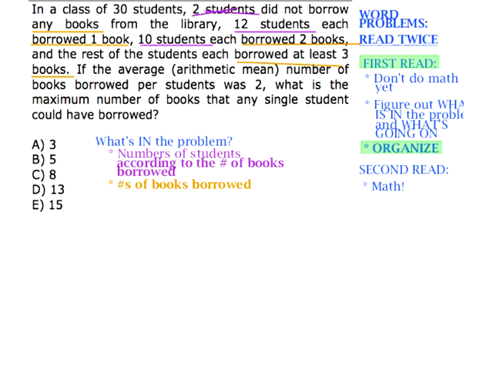So then we don't need the world's most elaborate chart for this kind of thing. We can just make a frequency distribution. So let's do it. Frequency distribution land. So we have number of books, and then we have number of students who borrowed that number of books.